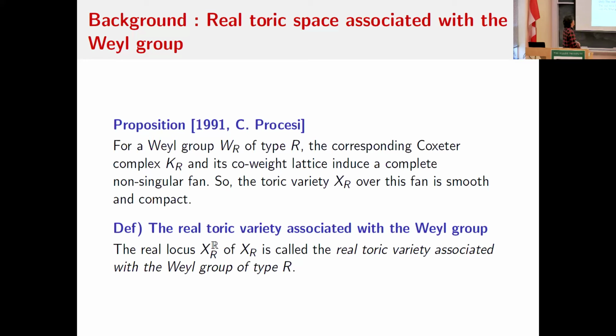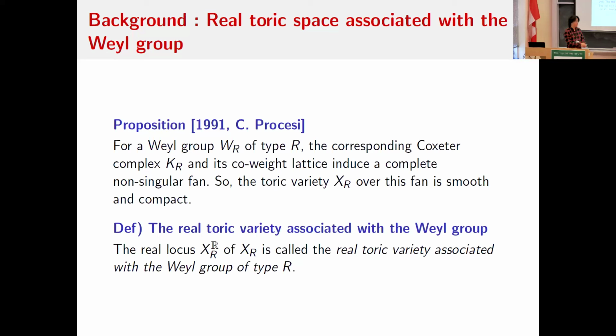So in 1991, Procesi suggested the toric variety over this fan, and showed that it is smooth, and the real locus of this toric variety is called the real toric variety associated with the Weyl group of type R.